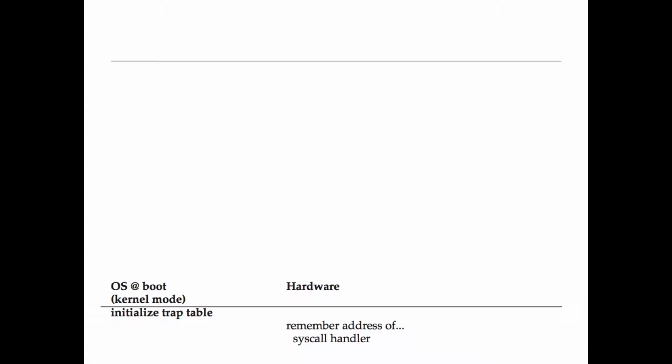So you initialize the trap table, and for each of these handlers there is a specific address associated with it. So open will have a different syscall number, fork will have a different syscall number, and each of these are passed as arguments to locate the address of the code that needs to actually execute.